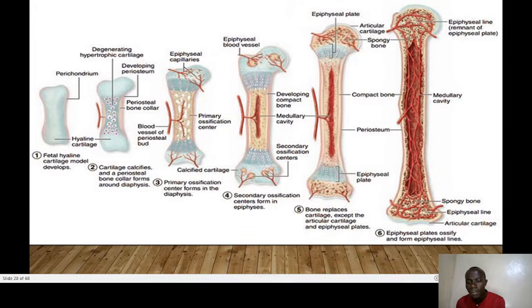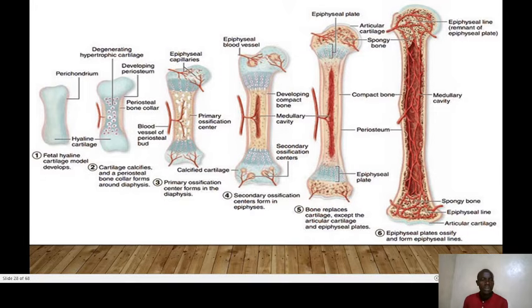Last, the epiphyseal plate ossifies and forms epiphyseal lines. So we have 6 stages as far as endochondral ossification is concerned, and it involves the formation of long bones, where we have replacement of the cartilage to form a bone.